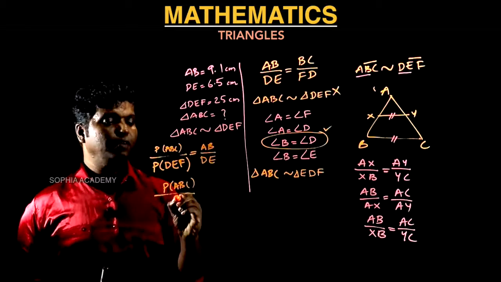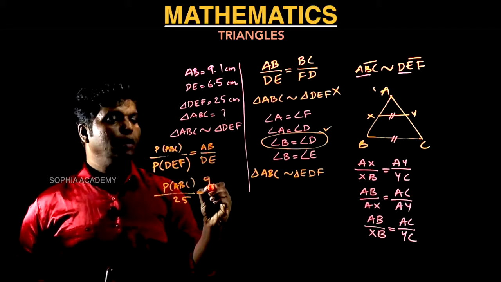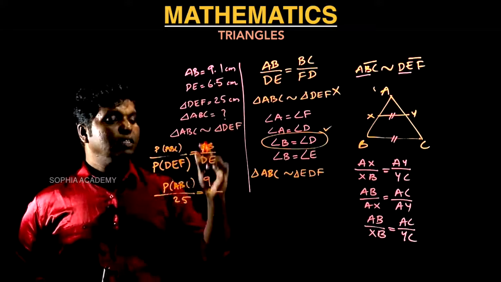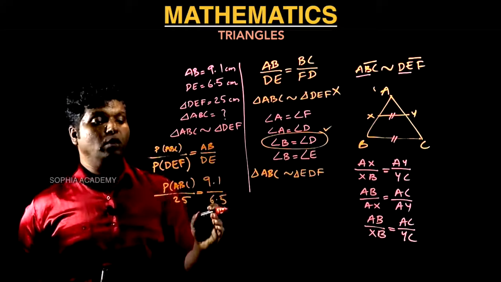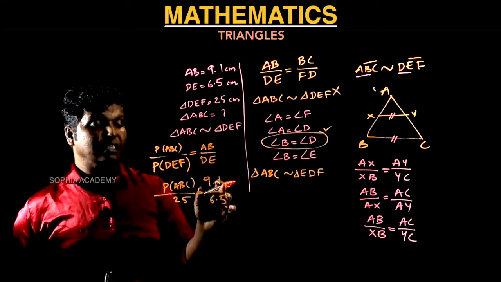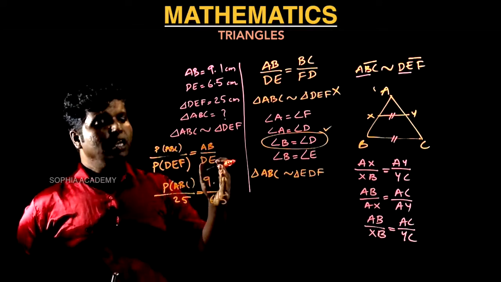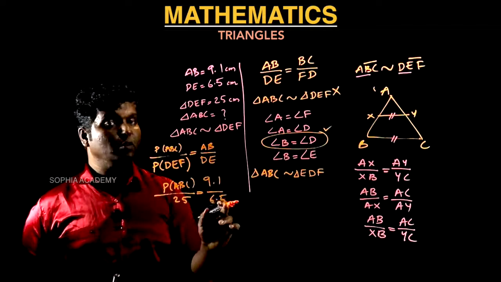It is given, 25, is equal to, what is AB? It is 9.1. What about DE? It is 6.5. See, anyhow, on the top and bottom, both of them have a single decimal place. So if you multiply the top and bottom by 10, this will become 91 and this will become 65.